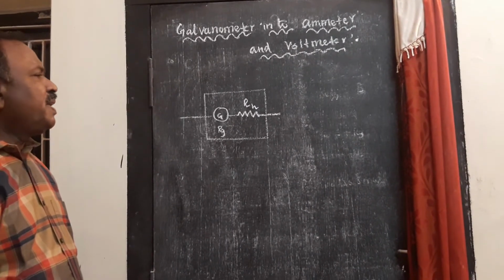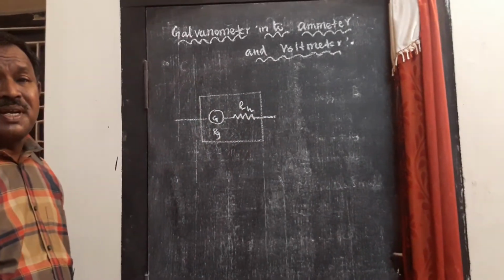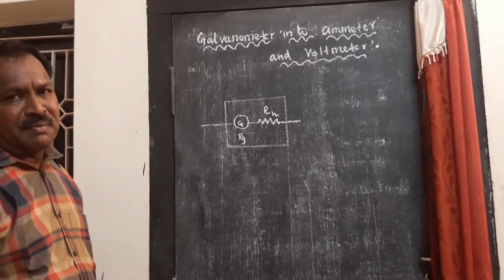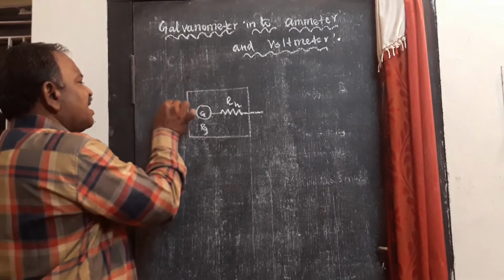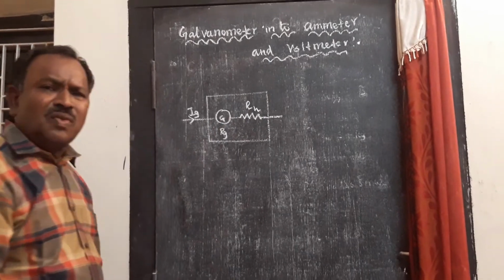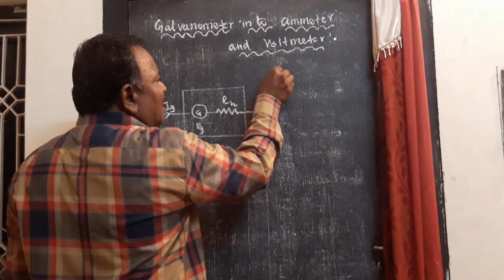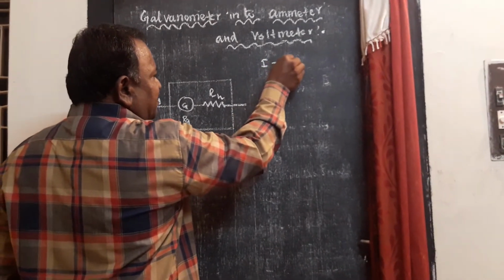The range of the voltmeter is decided by the high resistance that is connected in series with the galvanometer. If Ig is the current that flows through the galvanometer, the same current will also flow through the resistor. Here the total current I is equal to Ig.